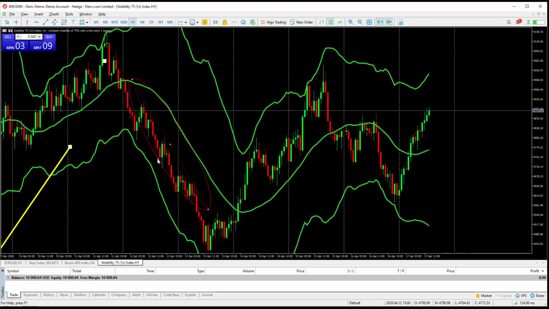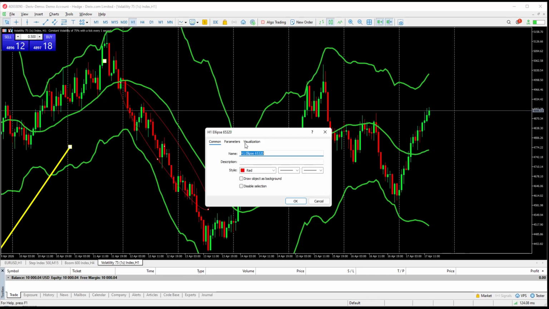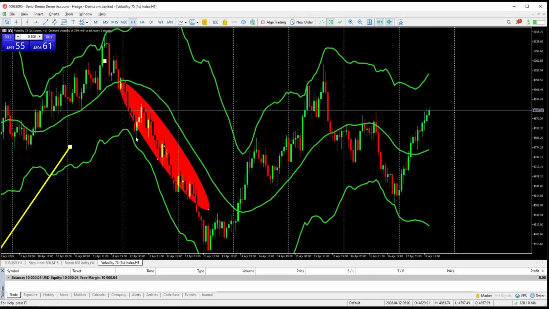Let's take it slowly and feel free to ask, guys. You see where I've just highlighted with this kind of shape. Can we see this? Yes, sir.